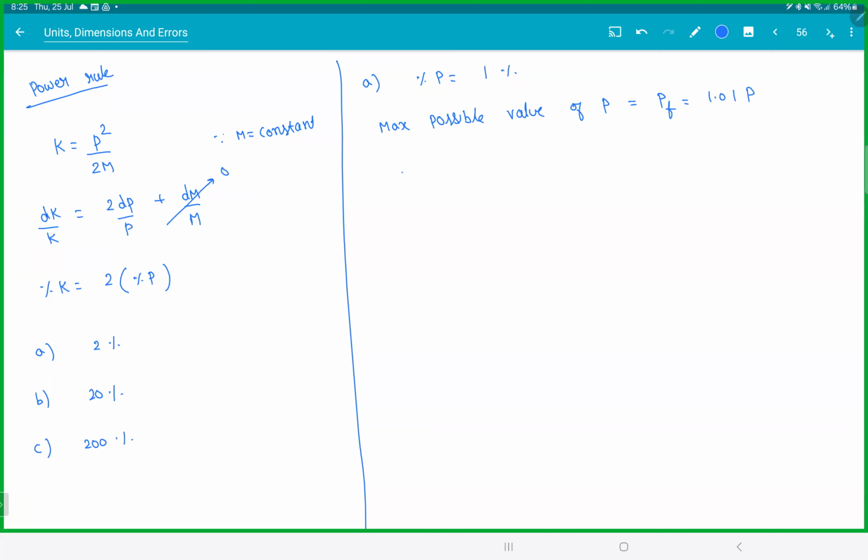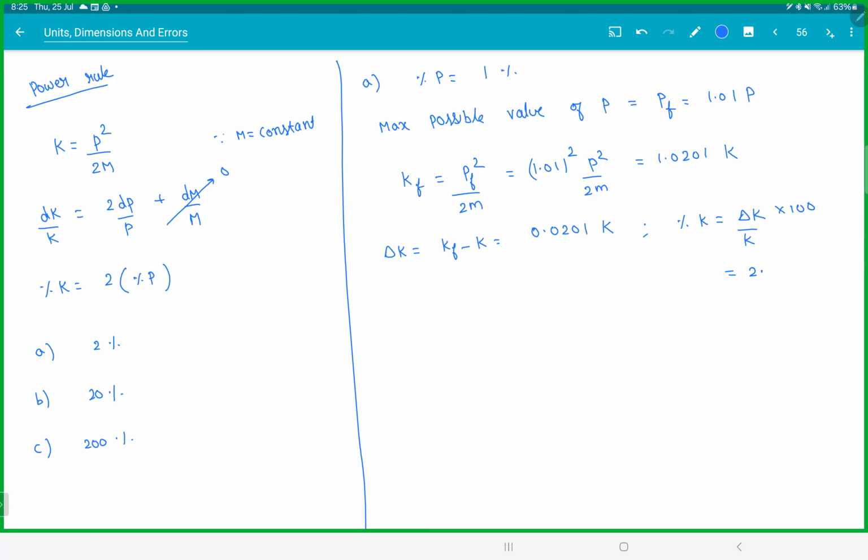So now, using this, if you find the final kinetic energy, we have to do P final square by 2M. This turns out to be 1.01 square, P square by 2M. So this is 1.0201 K. So the change in kinetic energy would be K final minus K. This turns out to be 0.0201 K. The percent error in K is nothing but delta K by K into 100.